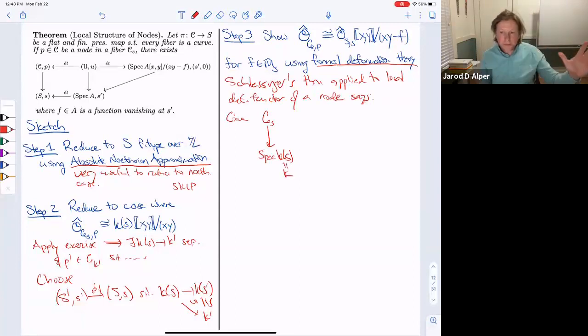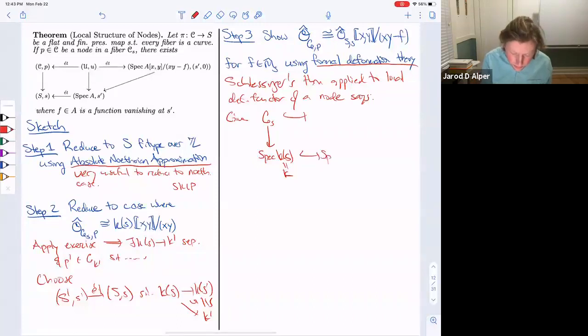So we have our curve, and suppose you have some deformation of this, so some Spec B, some curve D over this, a flat family, such that this is Cartesian, and B here could be local Artinian, or it could be complete.